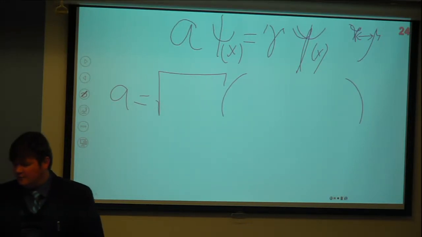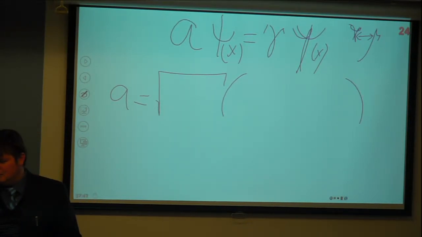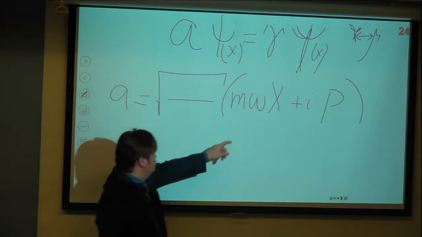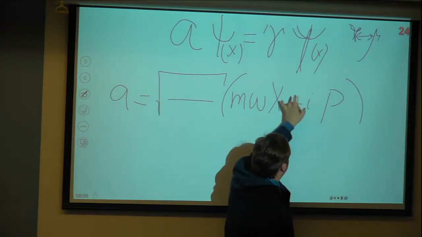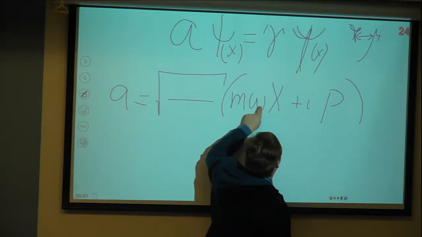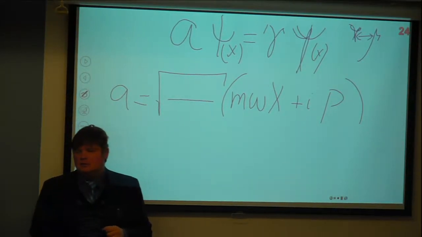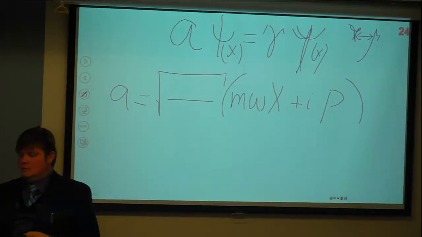I cannot brag of too strong a memory. So what should be outside of the bracket? It's a superposition of position and momentum, where factors will make it dimensionless, right? One over 2 m omega.